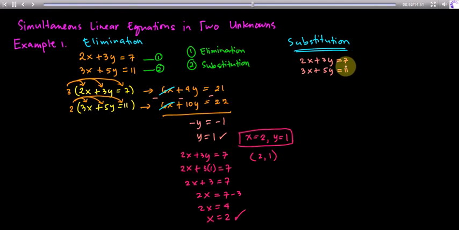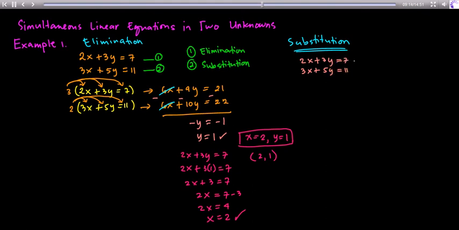So I will think of making one variable be the subject of the equation. All we need to do is just choose one equation with which we think that it would be simple. So here I want to choose the first equation.